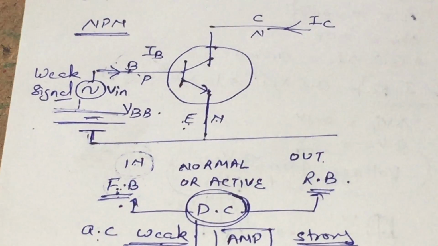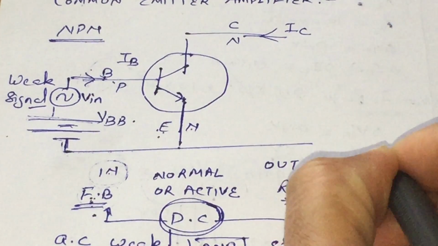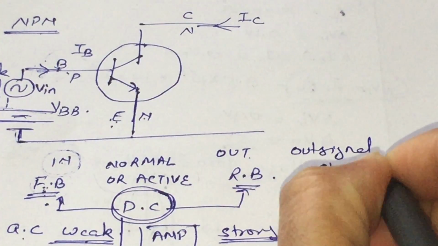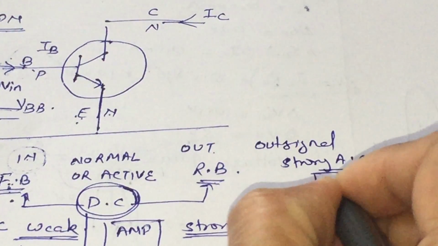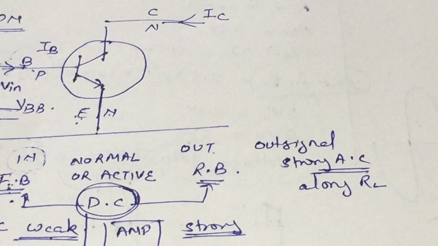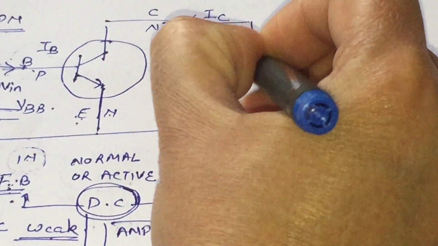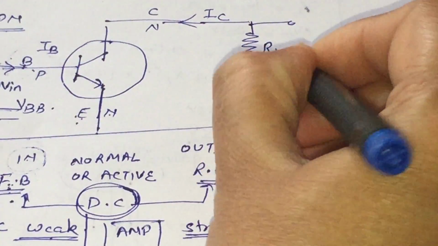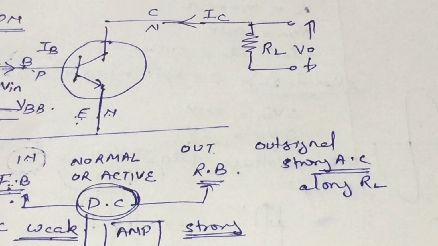On the output side we have to take our output signal, which is a strong AC signal, and this strong AC signal will be obtained across the high resistance which we indicate here with RL, the load resistance. Hence, to get the output we take the load resistance, and across this resistance we take our output signal, which is a strong AC signal.